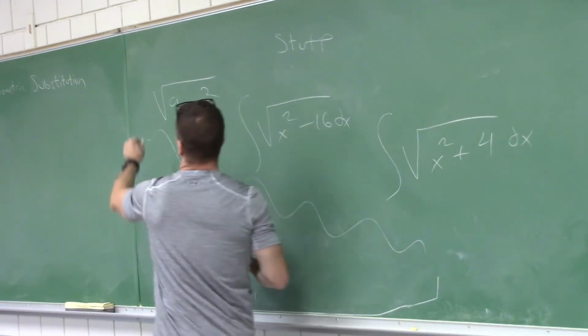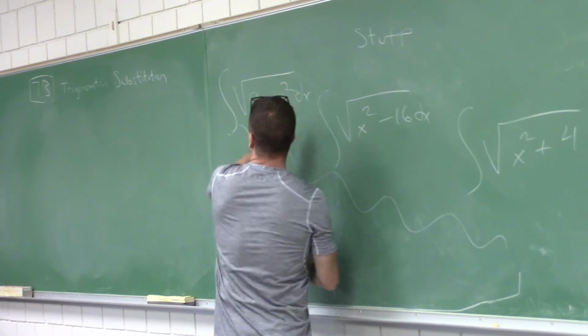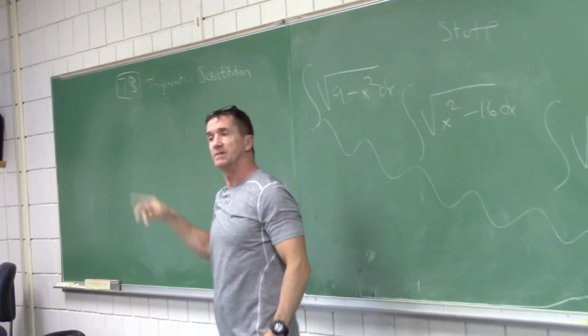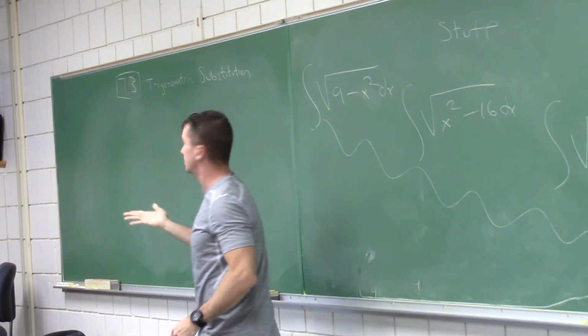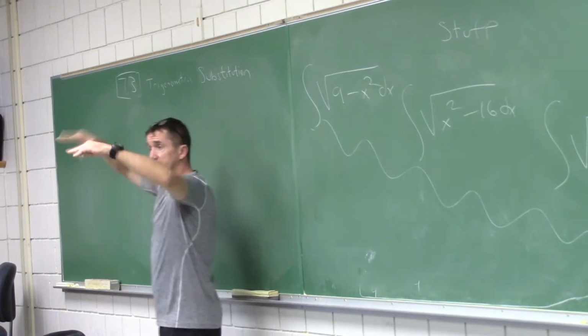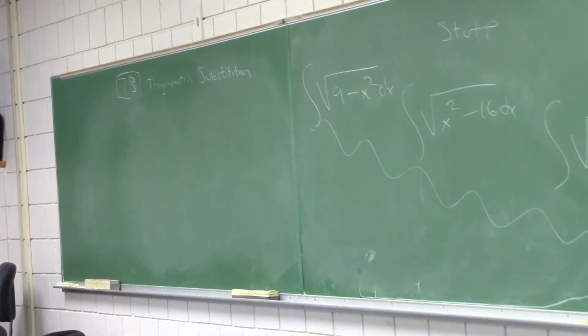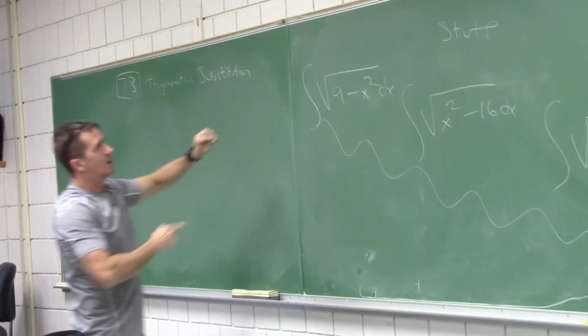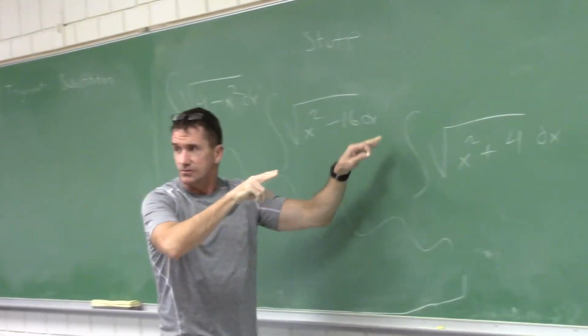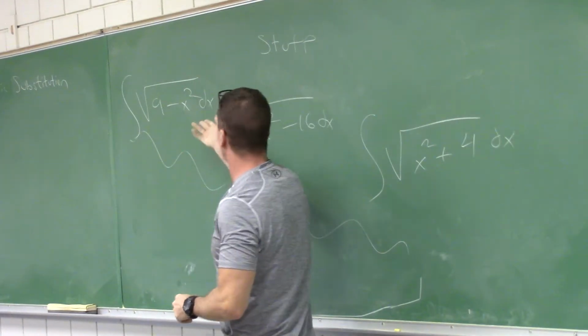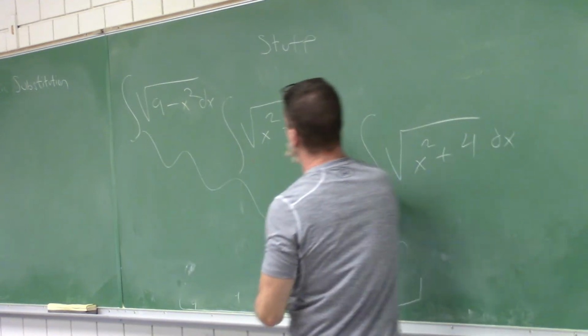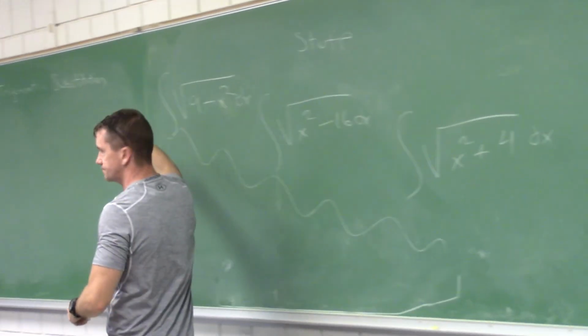I want you to see how you could recognize when you're going to need to use this section, because the last section also had trigonometry in the title. You see things with these radicals, maybe x squared and a squared. Do you all notice the perfect squares in there?